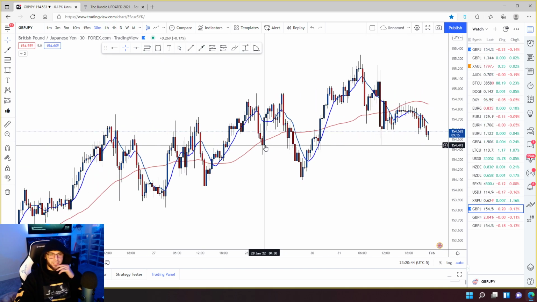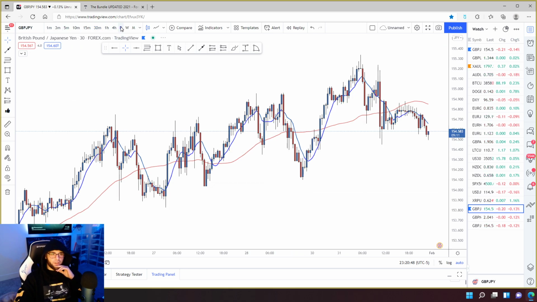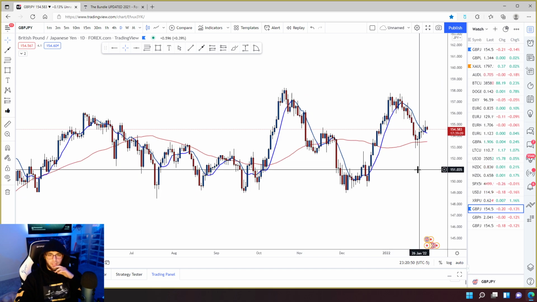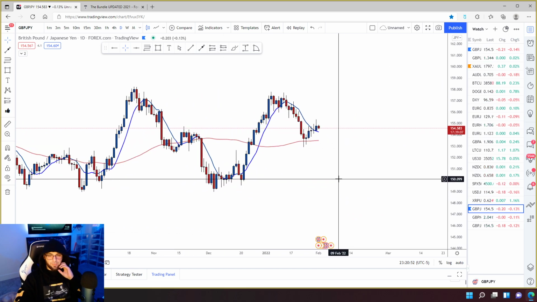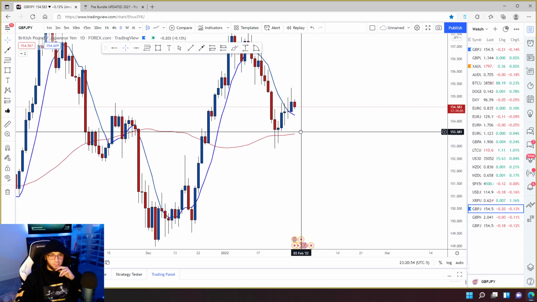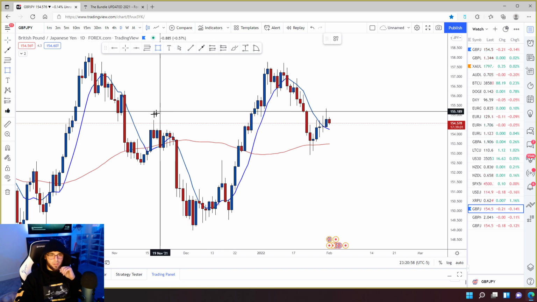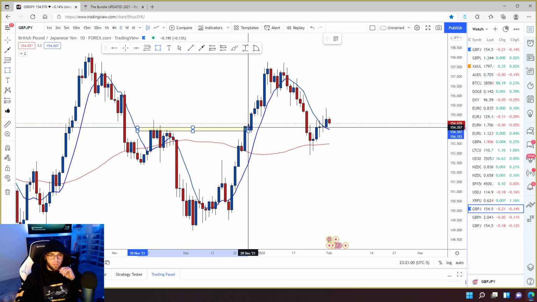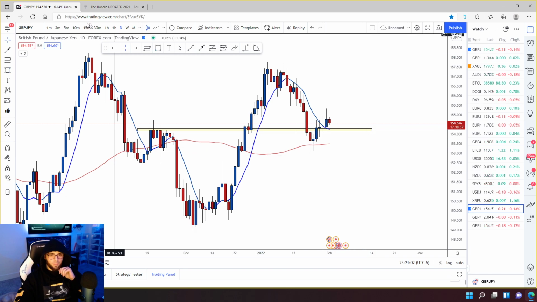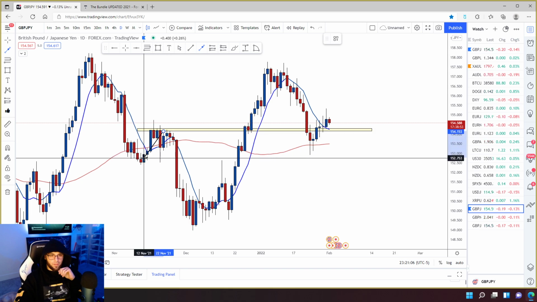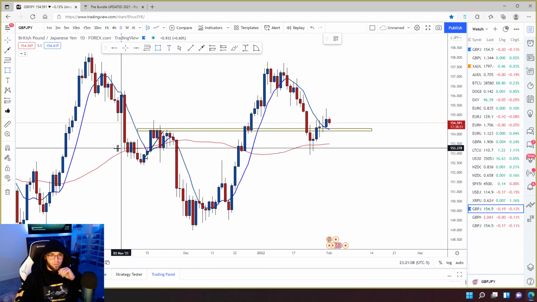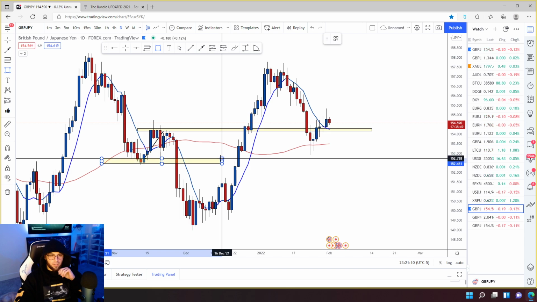So let's just give you an example. Let's go here on the daily. Notice here that we had this previous little level of resistance form over here before price broke this little level of support holding here.